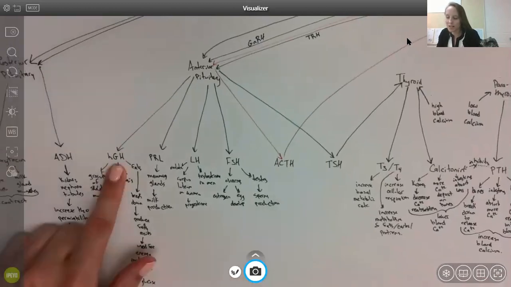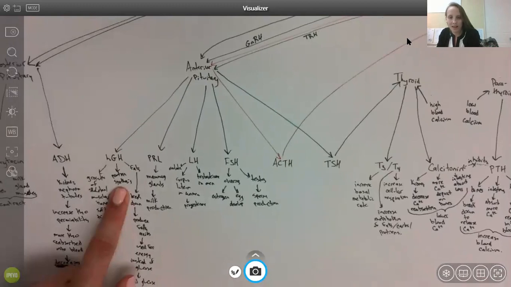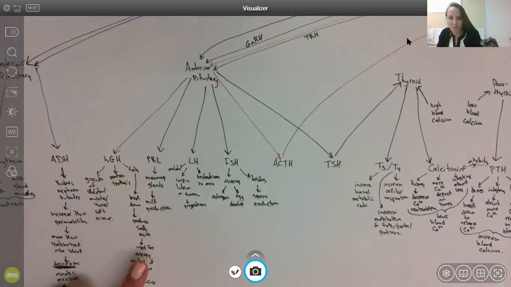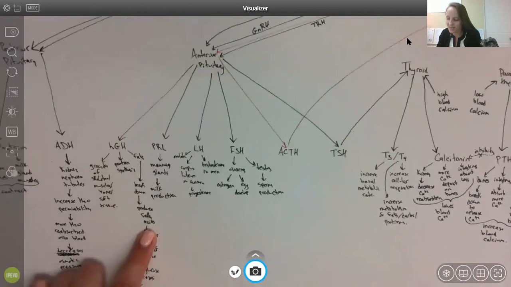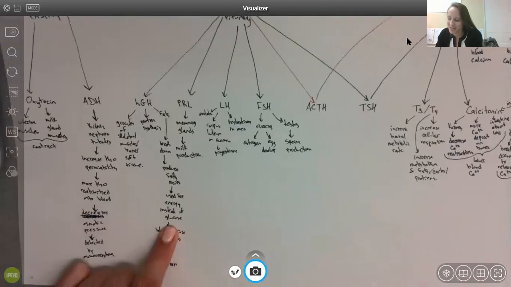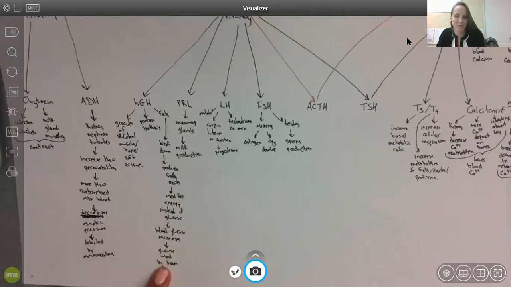So HGH causes the growth of skeletal muscles, bone, and soft tissue. It also causes protein synthesis. It also causes the fats to break down, which produces fatty acids, which is used for energy instead of glucose, which causes the blood glucose to increase, and then that glucose is used by the brain.